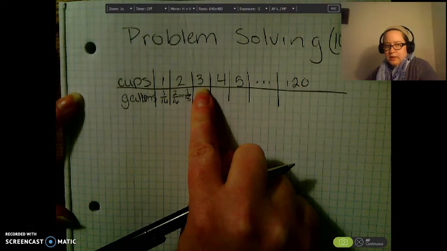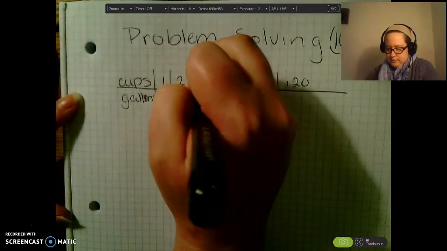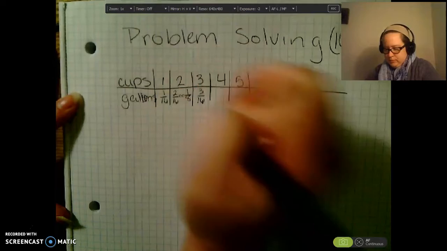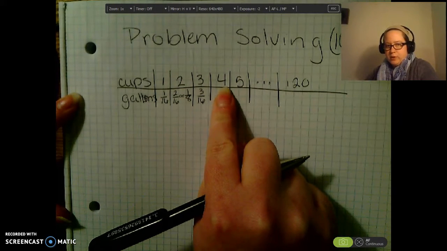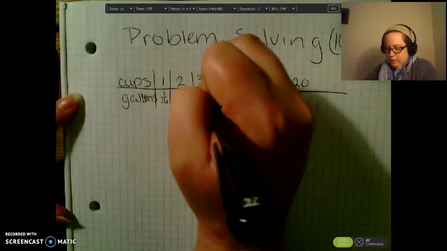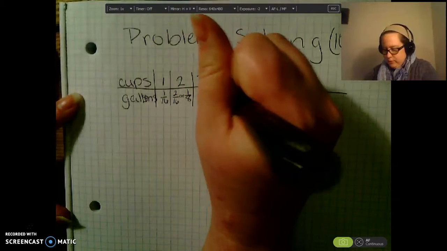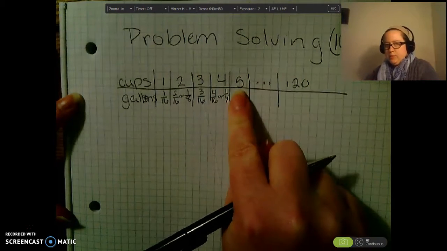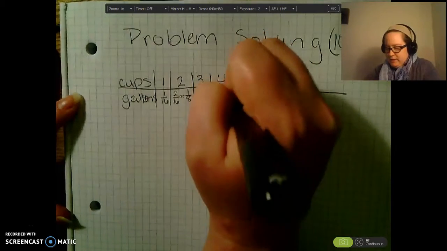We have 3 cups, that would be 3/16. We have 4 cups, which would be 4/16, or 1/4. We have 5 cups, which would be 5/16.